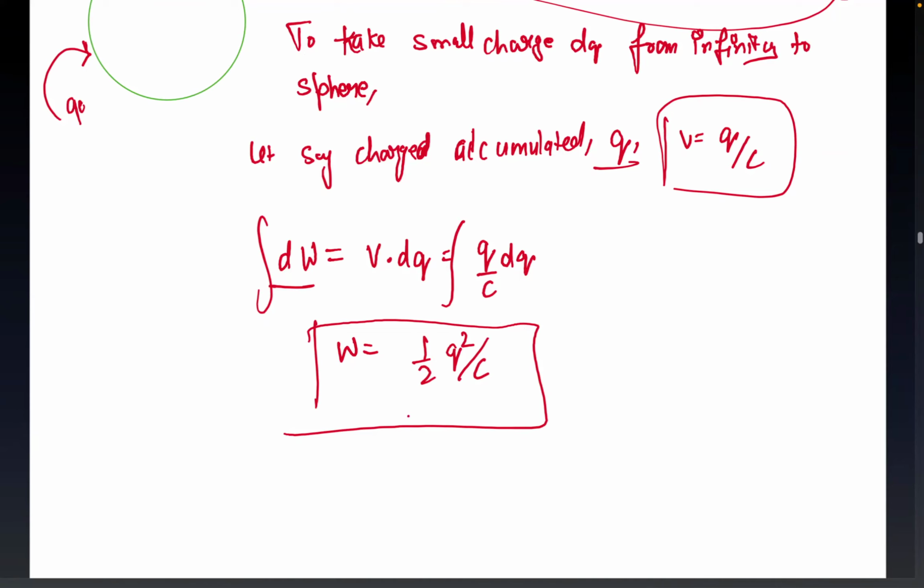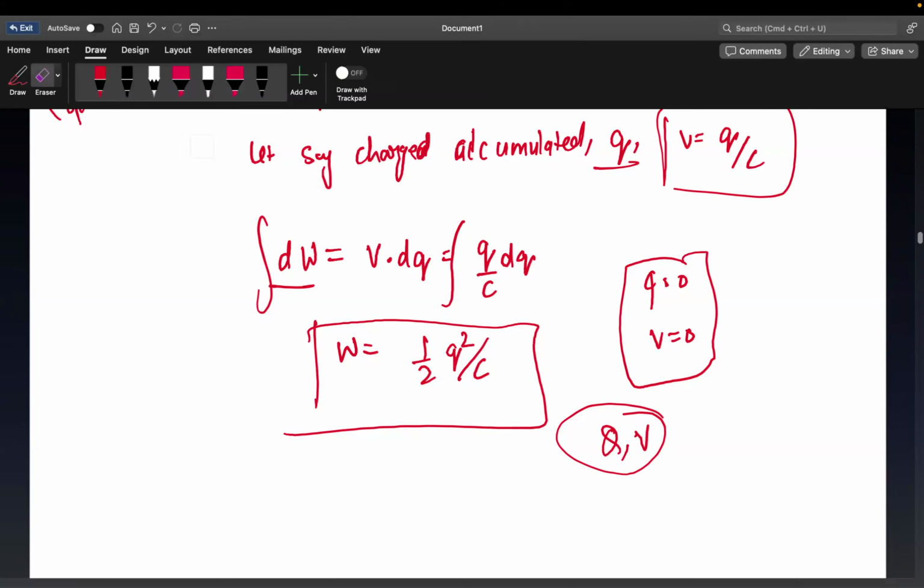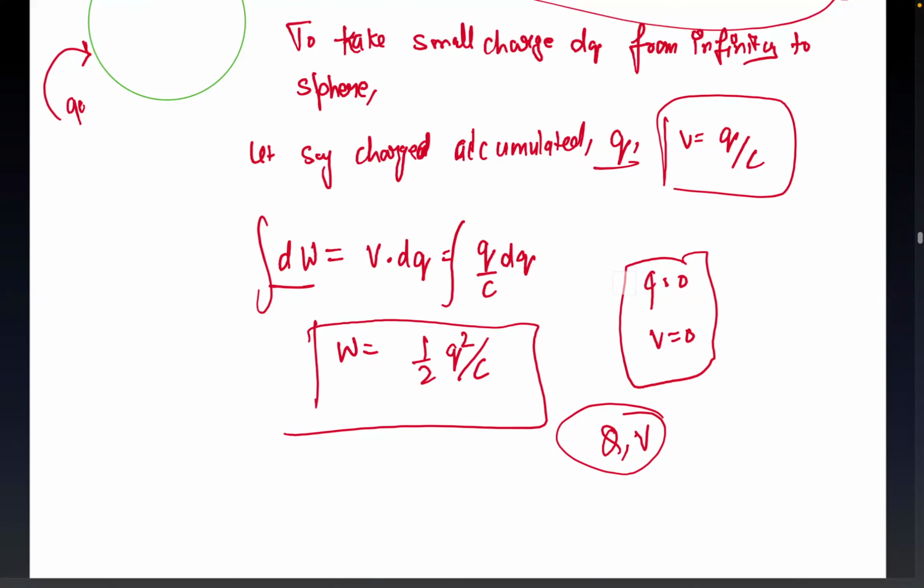If I ask you how much work we have done, if you see carefully, initially what was the charge? Zero. Initially, what was the potential? Zero. Finally, the charge is Q and the potential is V. Look, I was making this much potential.